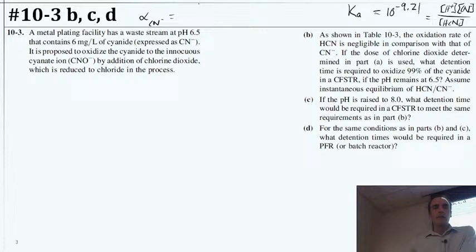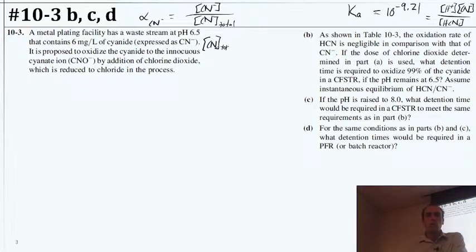So we could say that the portion that is CN minus is simply CN minus divided by the total CN, which I'm going to write as CN total, where CN total is simply equal to CN minus plus HCN. Okay, so we have that. We can work with that accordingly.